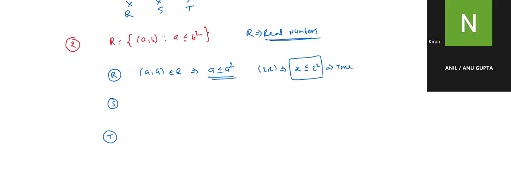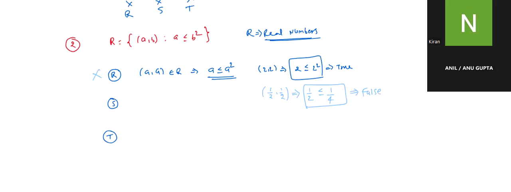Let's take 1 by 2, (1/2, 1/2). Is 1/2 less than or equal to (1/2) square, which is 1/4? 1/2 is greater than 1/4, so that means it is false. That means it is not reflexive.